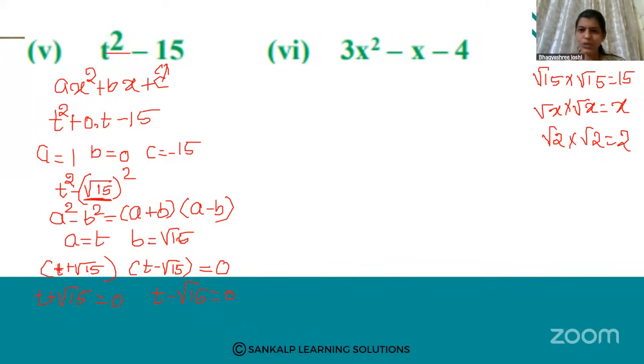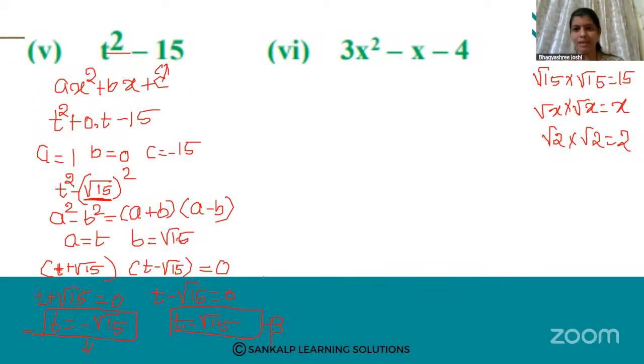Now, transfer this root 15 to this side. Then it will be minus root 15. Transfer this minus root 15 to this side. t equal to root 15. Right? Now, this is the value of alpha and this is the value of beta. Okay, now I got two roots, alpha and beta.